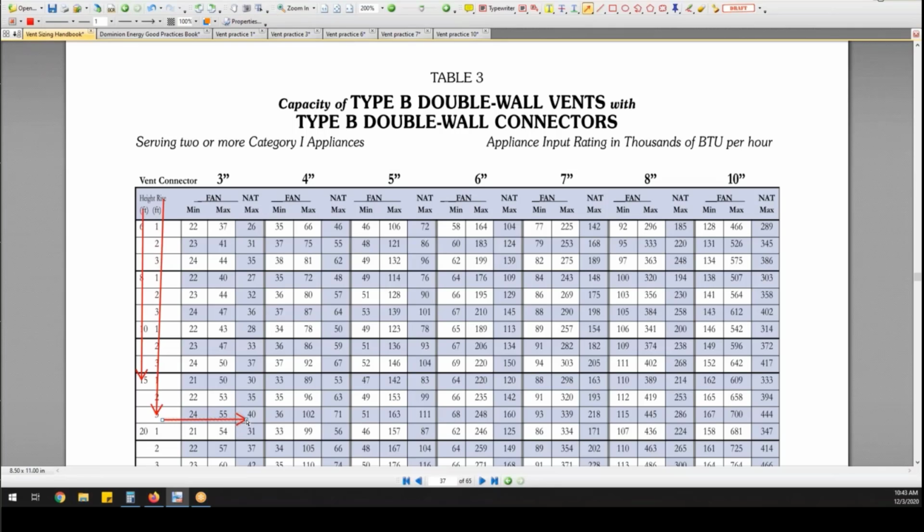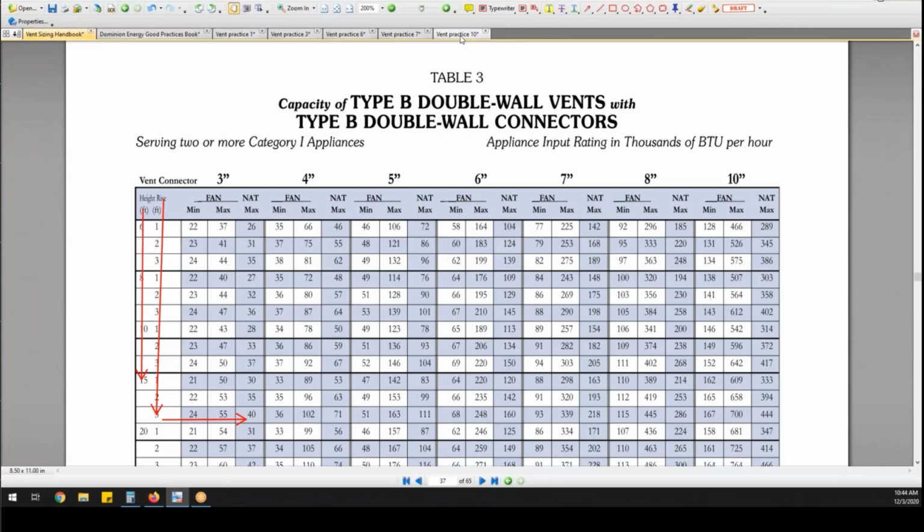So I come over to the natural column. It's a natural draft water heater, and it tells me with a 15-foot total vent height and a rise on the water heater connector of 3 feet that I can have a maximum of 40,000 BTUs. So I could use 3-inch double wall to vent that water heater because it's only 35,000 BTUs, right? And my max is 40,000. So it will accommodate 35,000 BTUs, correct? Okay, everyone with me so far?